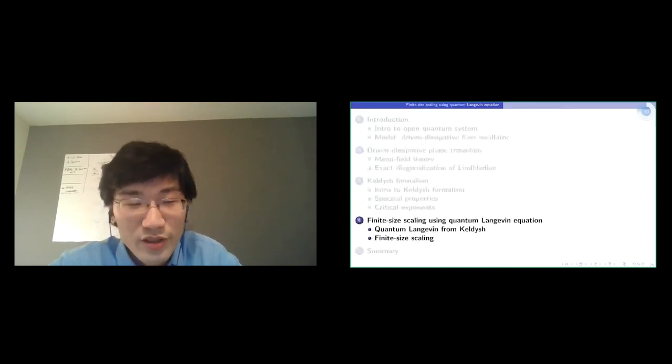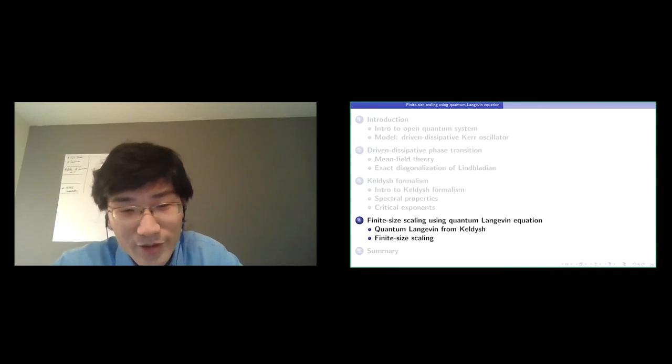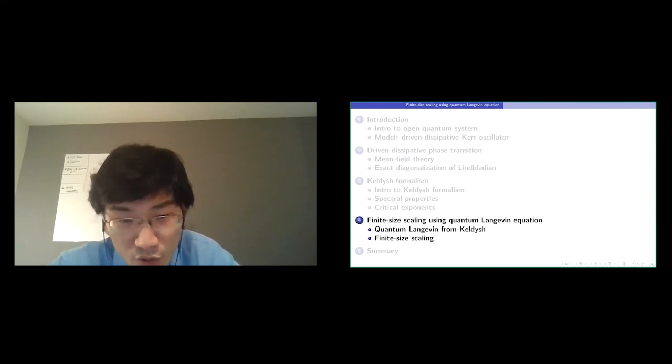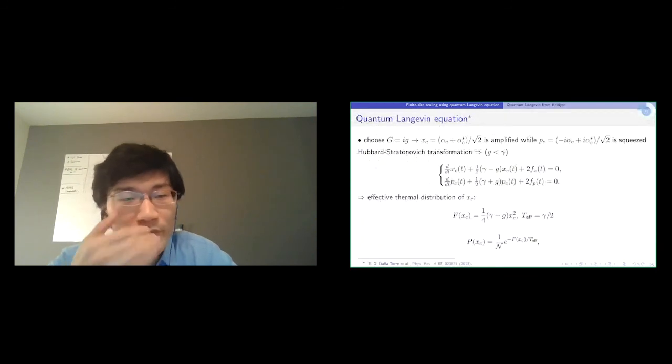So now everything is in the thermodynamic limit. We can also study the finite size scaling using the quantum Langevin equation. I will show you how to derive the quantum Langevin equation from the Keldysh formalism, and also show the finite size scaling.